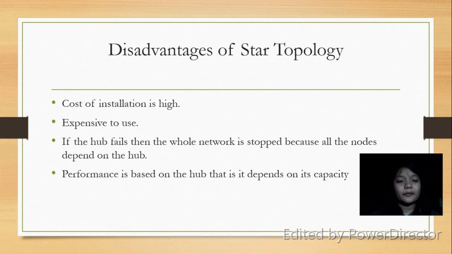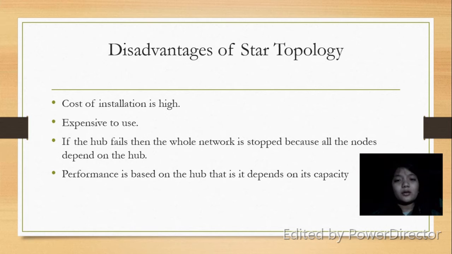Then the disadvantages of star topology. The cost of installation is high. So it is high cost, expensive to use. Then if the hub fails, the whole network is stopped because all the nodes depend on the hub.